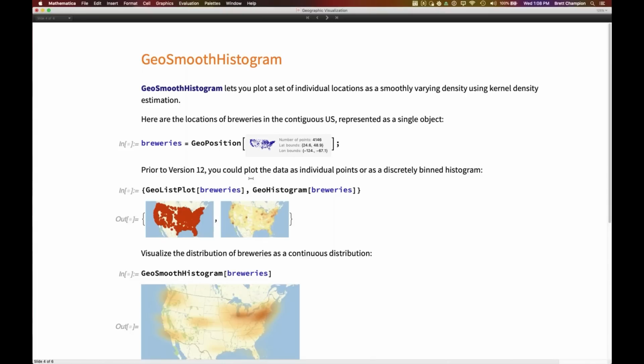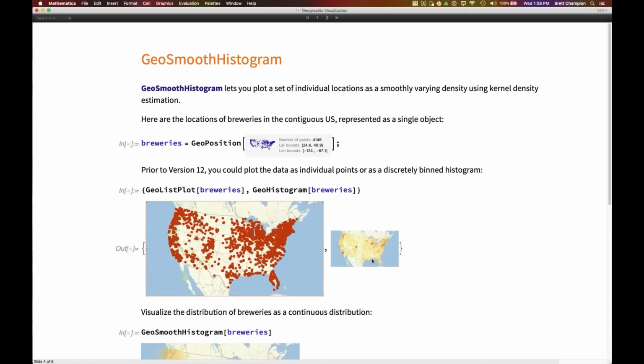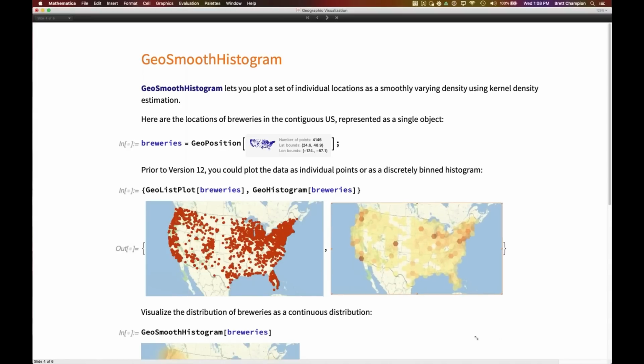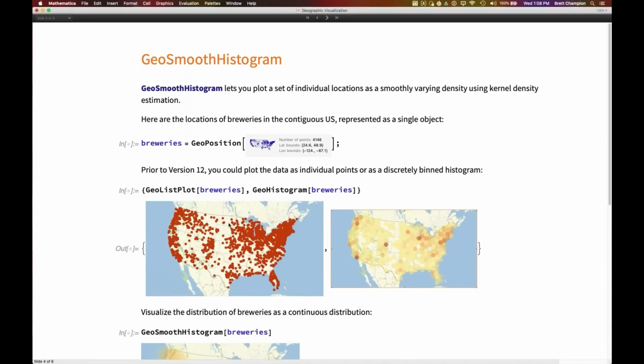We'll first glance at a couple of the previous ways we had of visualizing this. We had GeoListPlot, which just draws one point for each of those locations. You can see where they are, but everything, especially in the Northeast, bunches together, and it's hard to see more detail other than there's a lot of breweries here.